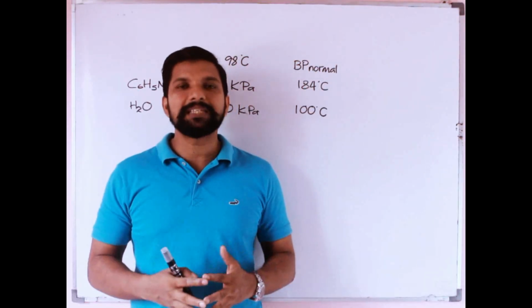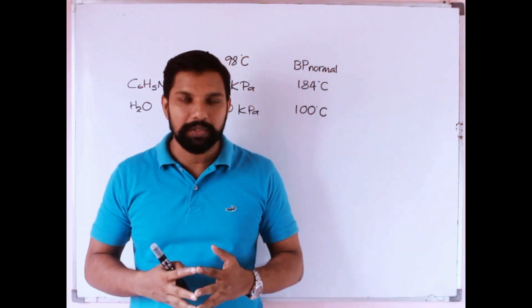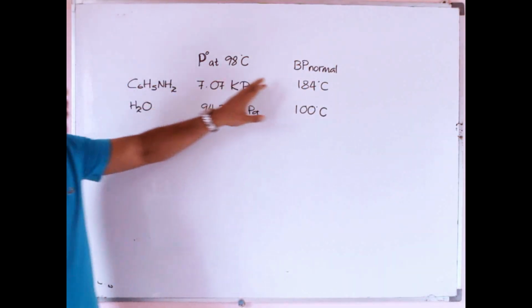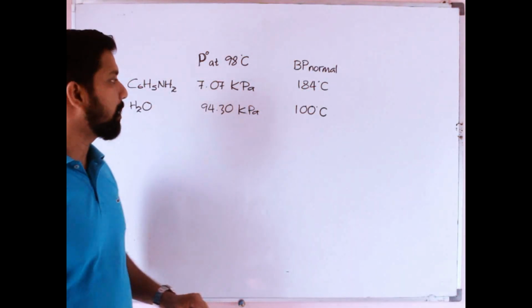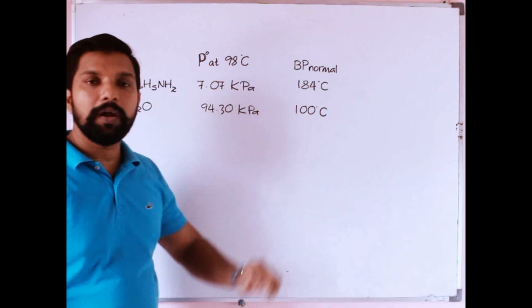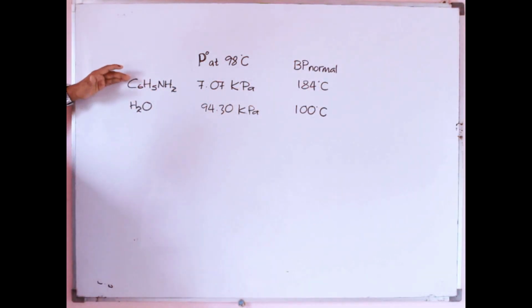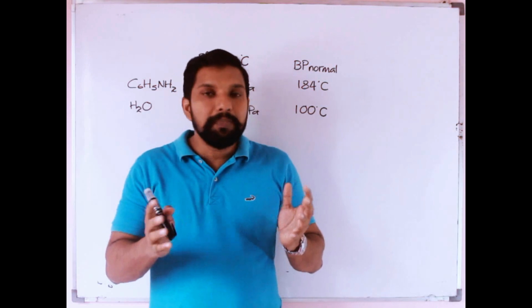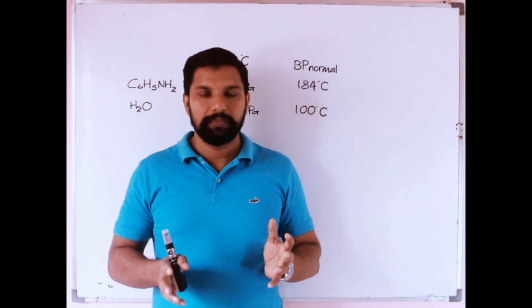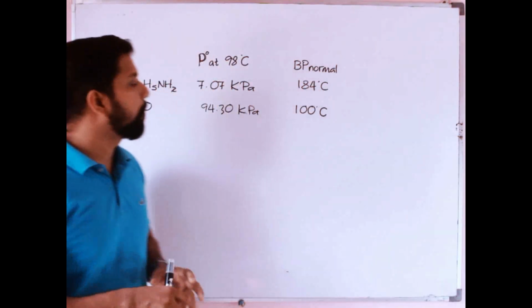Here is a common example in which steam distillation is carried out. Phenylamine has the normal boiling point of 184 degrees Celsius and water has the normal boiling point of 100 degrees Celsius. And phenylamine is an organic liquid and it is not mixing with water. These two are going to form an immiscible mixture of liquids. We will see what will happen to their saturated vapor pressures.